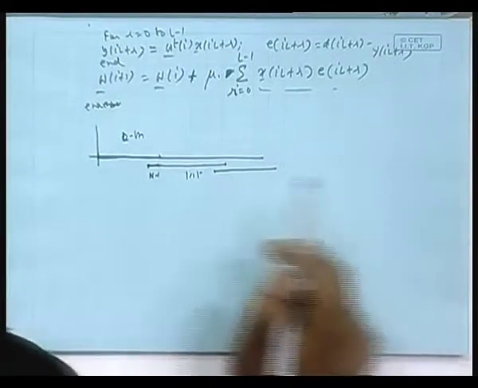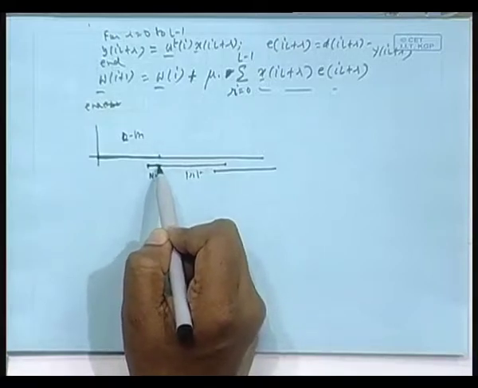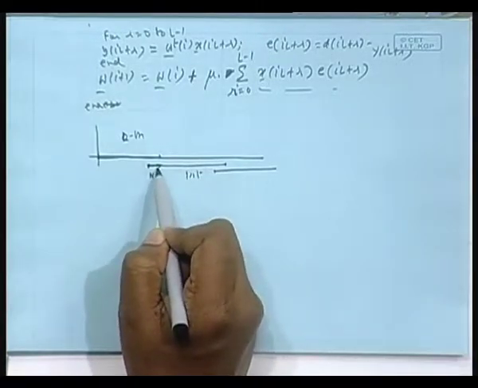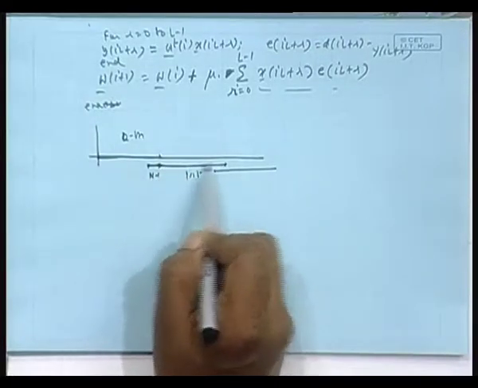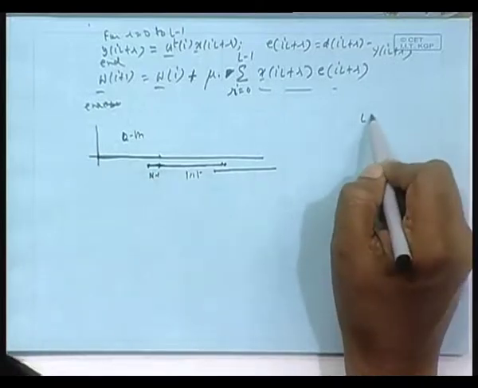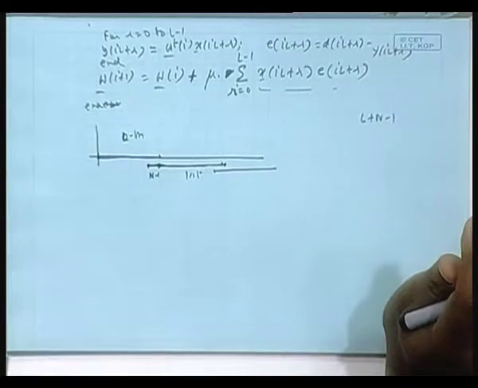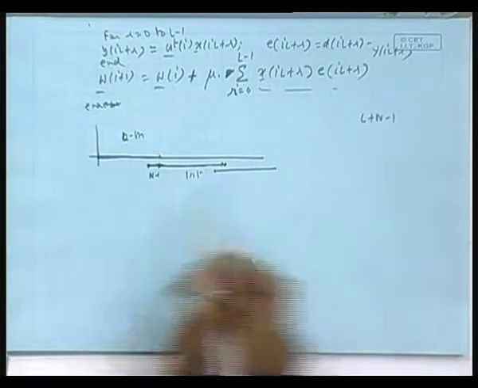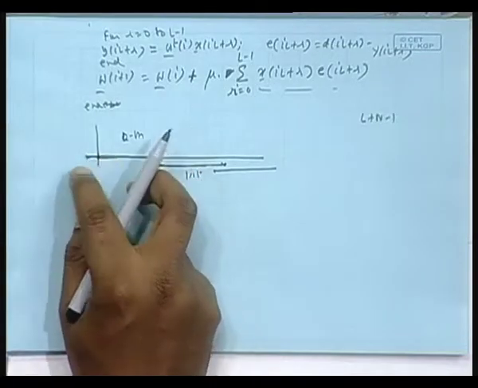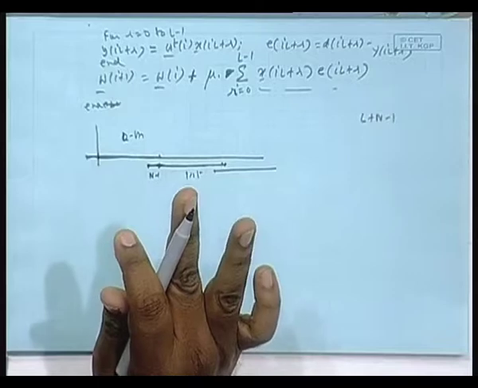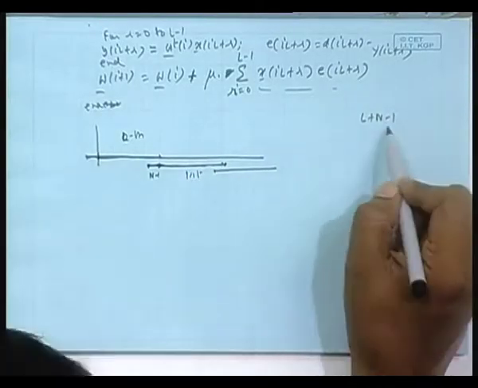That means earlier it was 0 to L minus 1 and the next would have started at L. Now, it is starting at N minus 1 to the left of L, and then it is going up to L. So the total new length is L plus N minus 1. For the first block you can assume some zeros here, because its length is L with no overlap portion, zeros here, that is okay. But for all intermediate blocks, the length is L plus N minus 1, you can call that capital M.